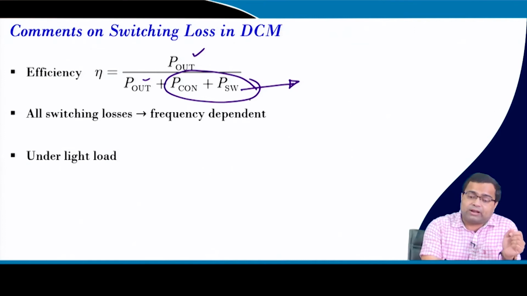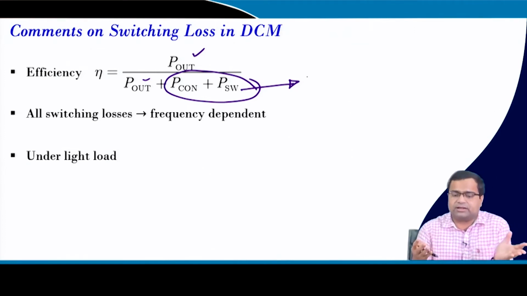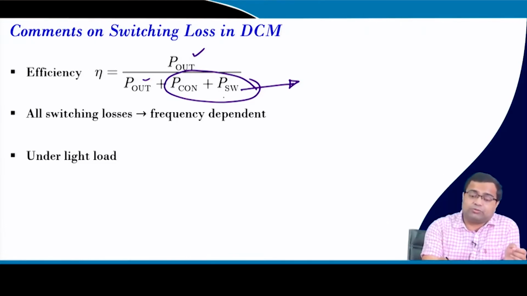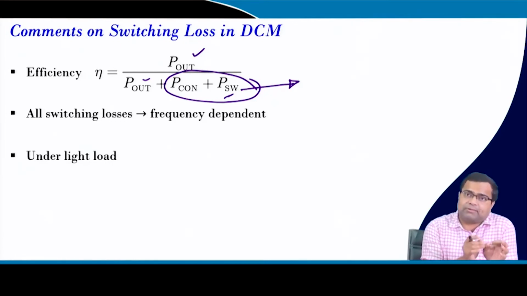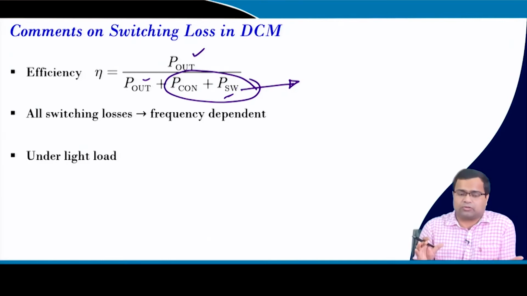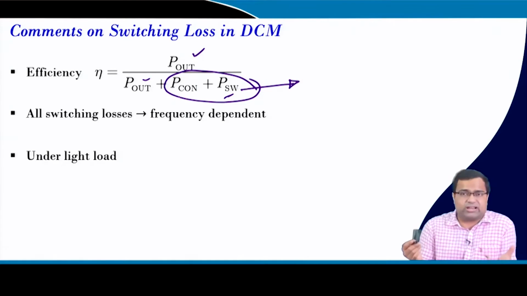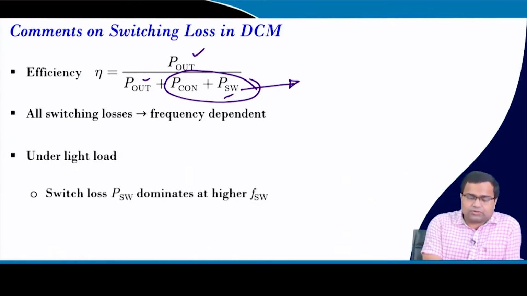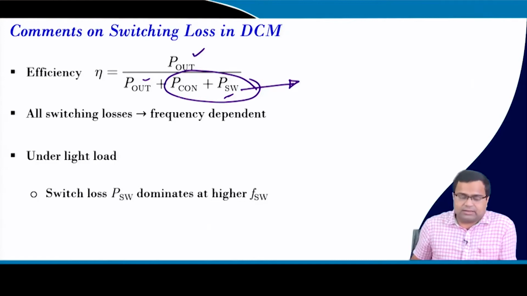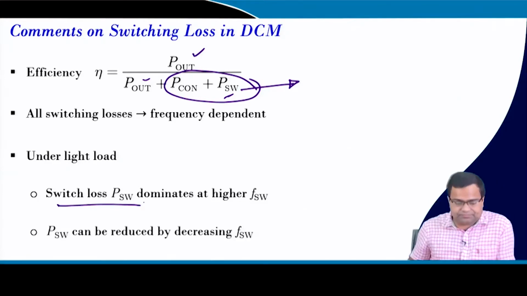But you cannot reduce the switching loss if you are turning the MOSFET on and off at a very fast rate, say 10 megahertz, and then the losses due to switching can be comparable. In some cases it can be higher than the output power, particularly under very light load condition, when the efficiency can degrade significantly, in the order of 10%, 20%. So, under light load condition, the switching loss dominates.